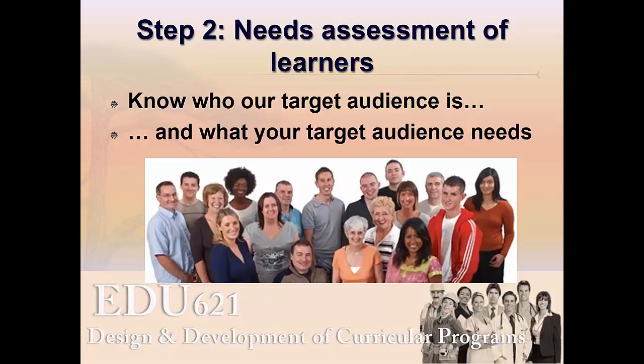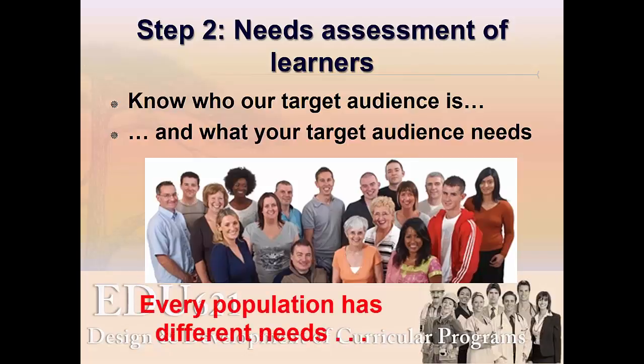If this is a program that's attracting an older, more mature audience, then you may discover they have different academic needs from an audience that is coming to you straight from high school. If your target audience would be people already in the workplace, perhaps working at a bank, and you have a local bank who wants you to design some sort of management certificate for their employees, then you know that your target audience is already coming in with a specific skill set.